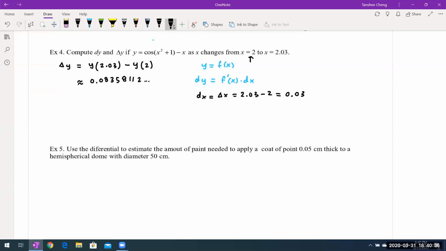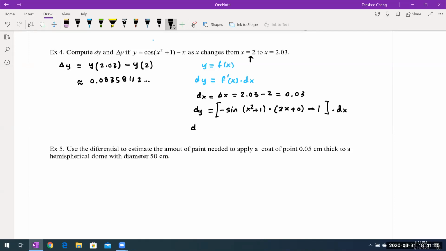So therefore, my differential dy is equal to the derivative of the function, which is the derivative of cosine, negative sine of everything inside, the same, times, using the chain rule, the derivative of the inside, which is 2x plus 0, and then minus the derivative of x, which is 1, and finally multiply by dx.